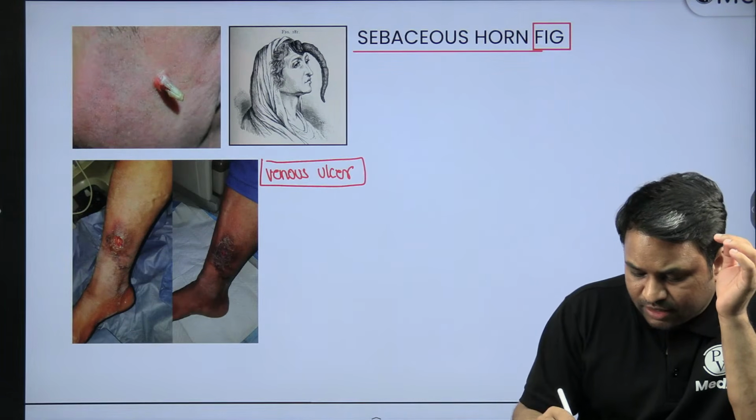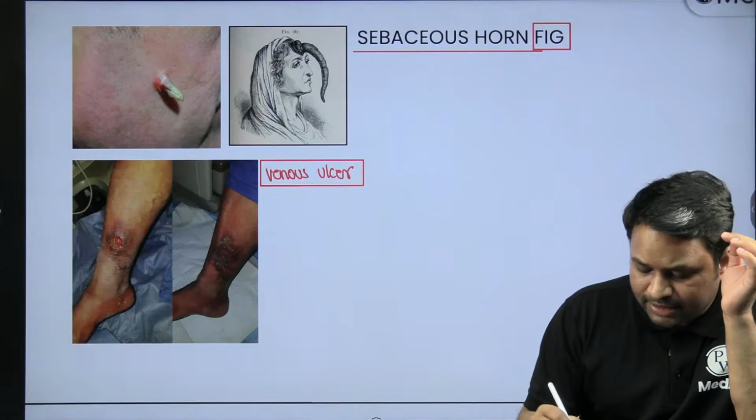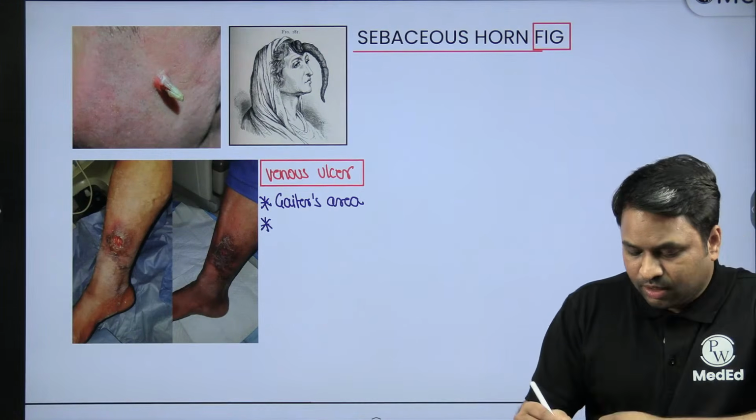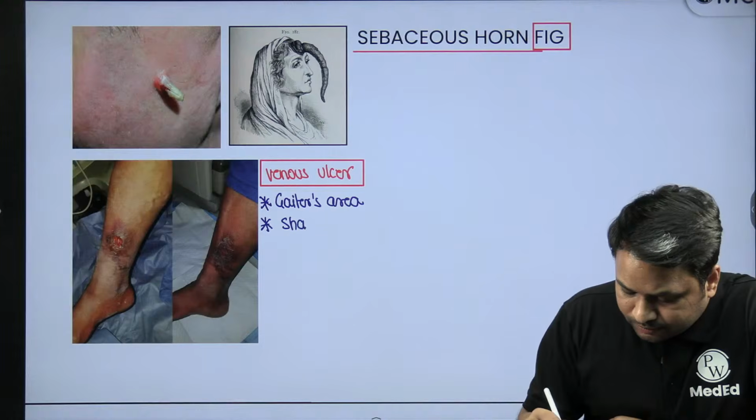How do you know it is a venous ulcer? Number one, it is present on the gaiter area. Number two, it is a shallow ulcer.